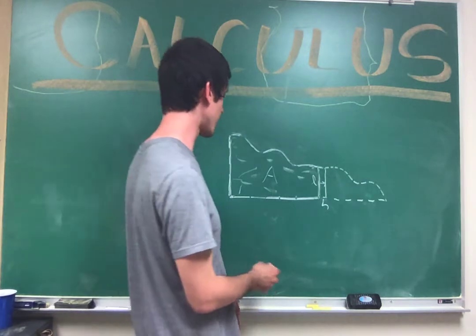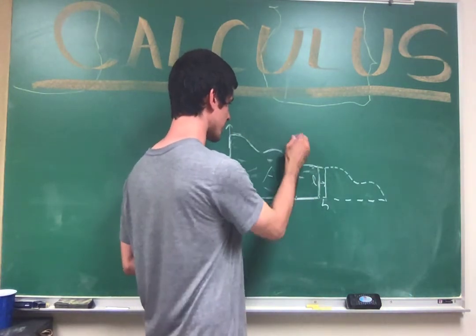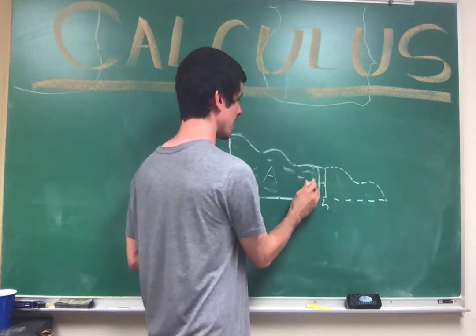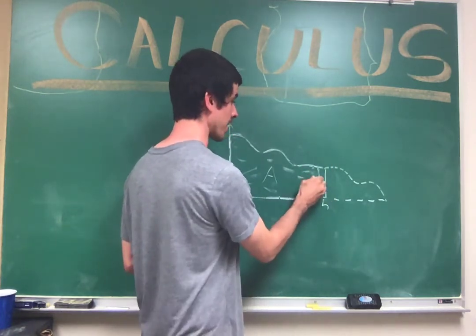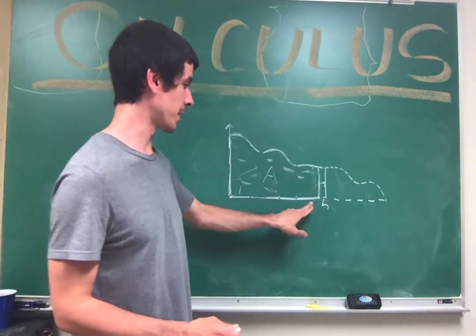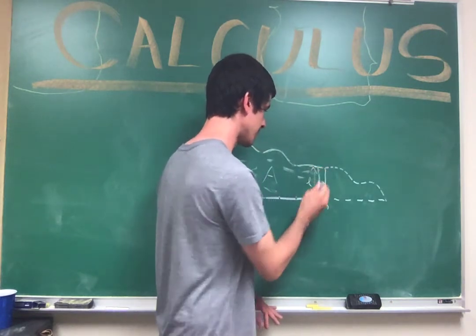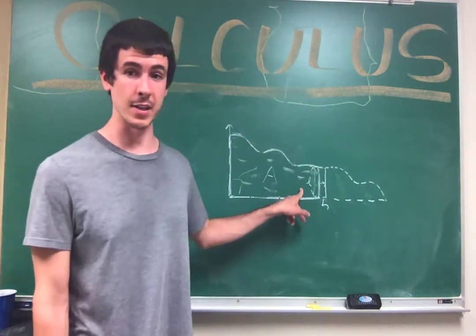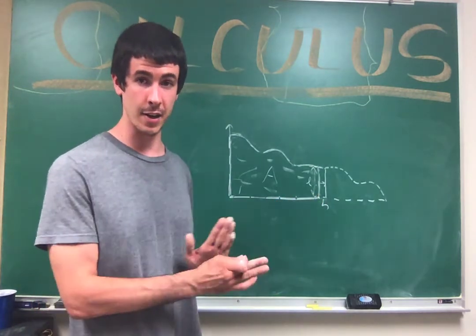And if we're going to do Cartesian coordinates, we could call this curve y equals f of x, and this would be the point x, and this would be f of x. We'll get to that towards the end of the course. But this height right here, L, is in fact the rate of change of this area.